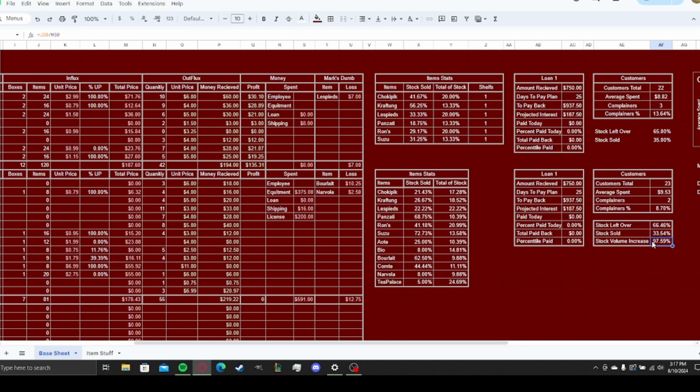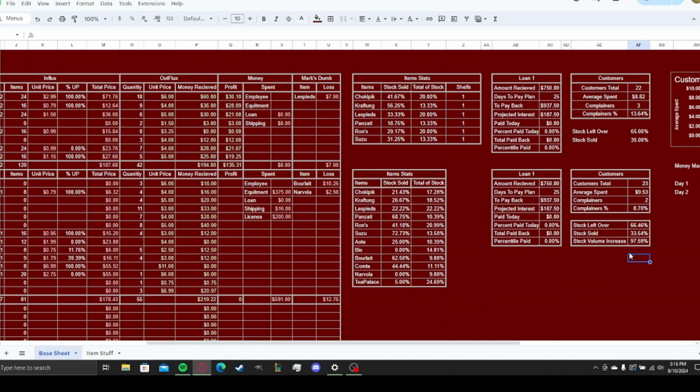Stock volume increase, I think, is a very interesting number. It looks at the amount that he ordered that day versus the entire stock that he had during that day's time span. So it looks at the leftover stock, adds the new stock that he just ordered, and then divides the stock that he ordered by that number.